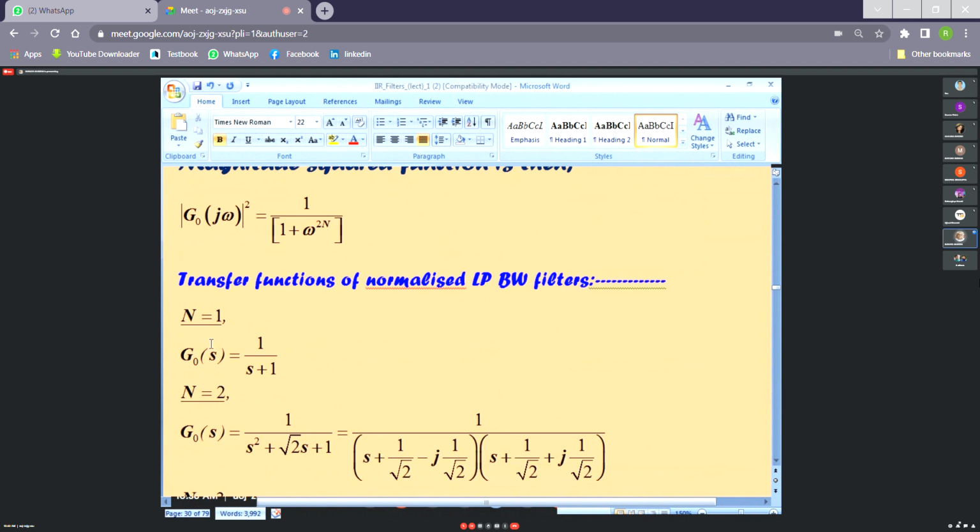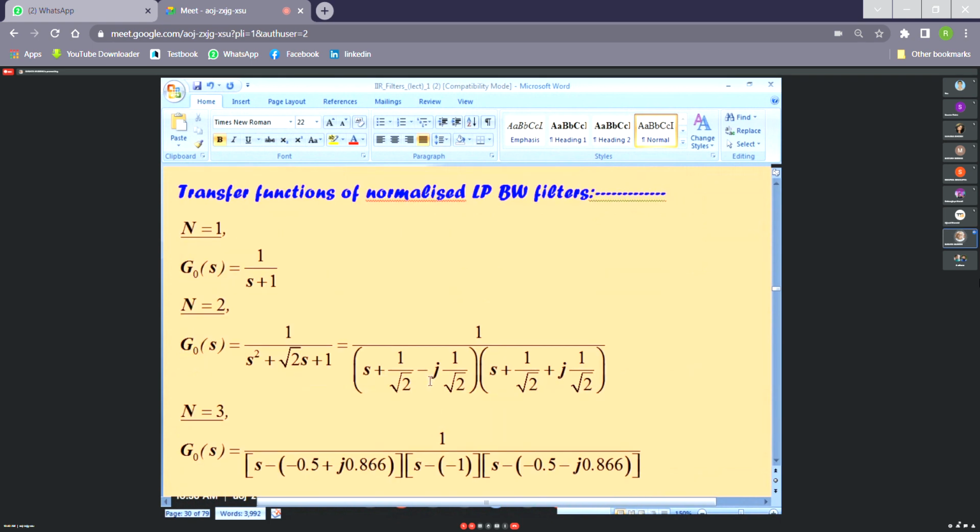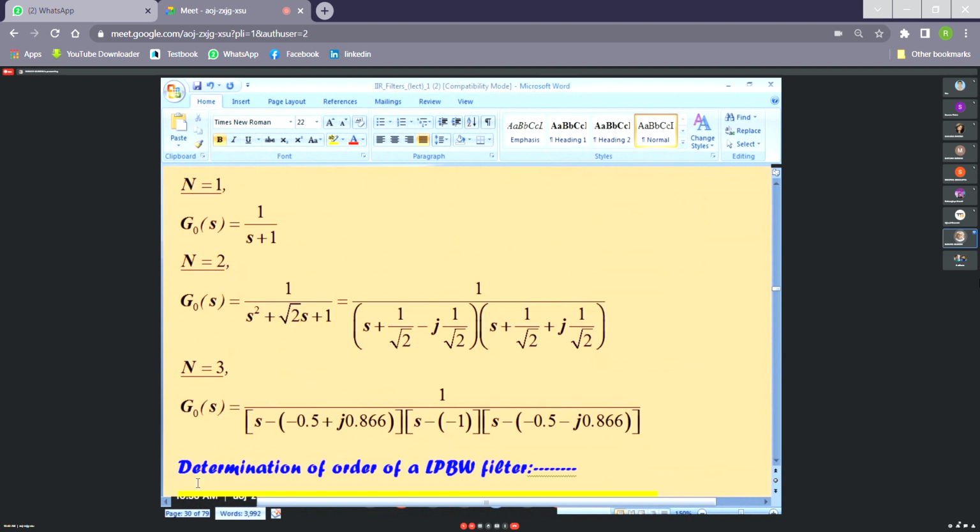First order, the transfer function is 1 by s plus 1. Second order, the transfer function is 1 by s square plus root 2 s plus 1. It can also be expressed with the denominator in the factorized form. For the third order, the expression is given by what is written here.